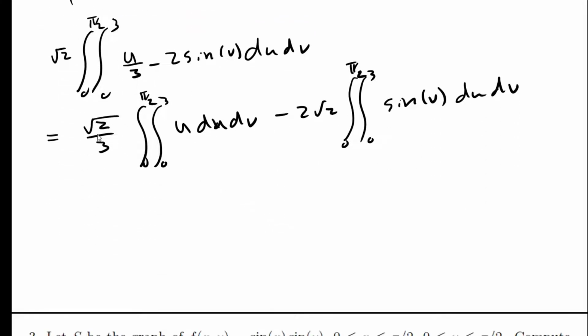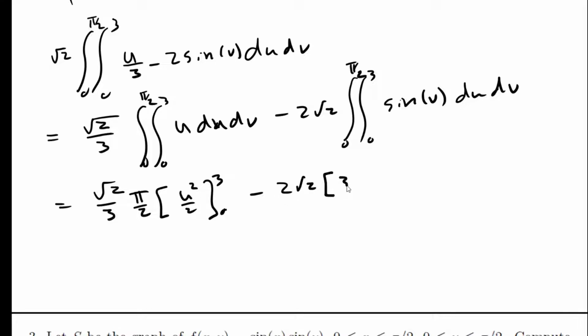Okay. This is separable, so this becomes root 2 over 3 times pi over 2 times u squared over 2 from 0 to 3, minus, this one's also separable, so we have 2 root 2 times 3 times the integral of sine, which is negative cosine, from 0 to pi over 2.